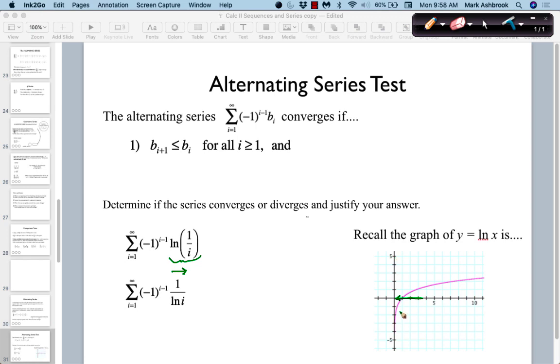It's the points on this graph where the y-axis is ln of I. As I gets bigger, this input value goes to 0. So what about ln of I? Negative infinity, right? So what about this? Converge or diverge?